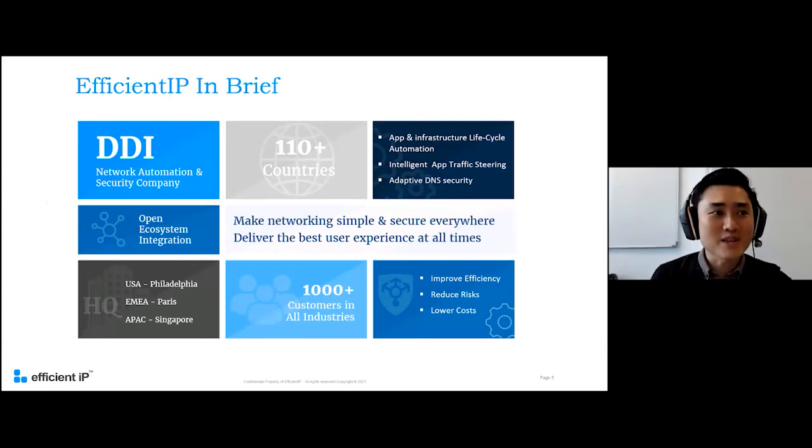EfficientIP is a network automation and security company specializing in DNS, DHCP, and IP address management. Thereby, the DDI acronym came about. DDI is a core network service that enables all communications over an IP-based network. Our mission as a company is to help organizations improve their business continuity, service agility, and user experience through the use of secure and dynamic communication between applications and resources.